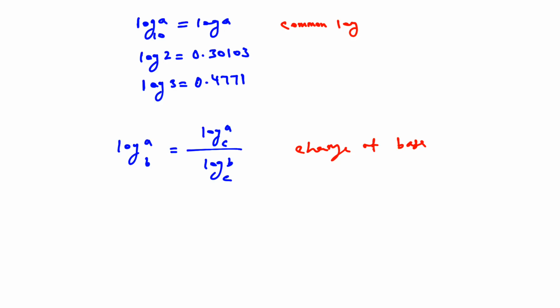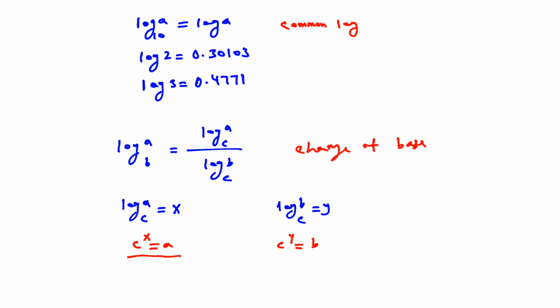To prove this, we assume log of a base c is x. Therefore, c to the power of x is a. We also assume log of b base c is y. That means c to the power of y is b.